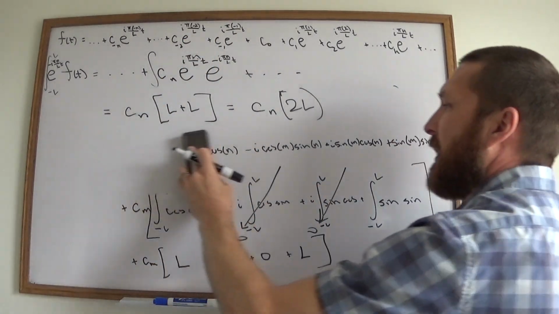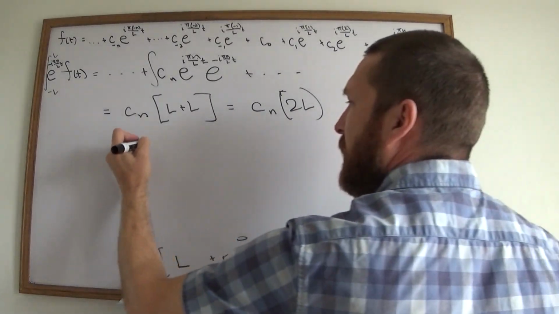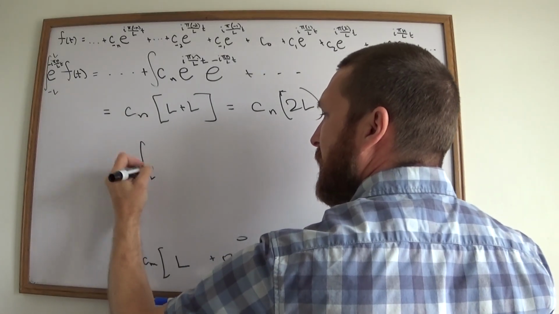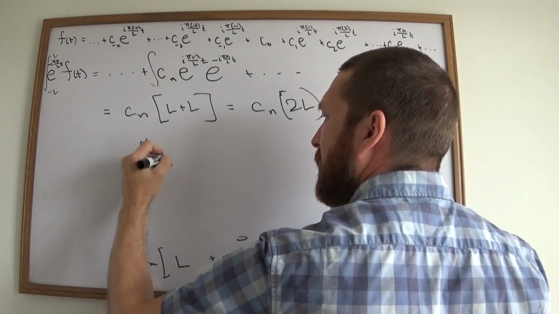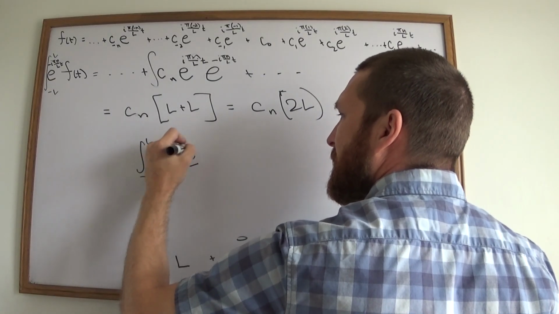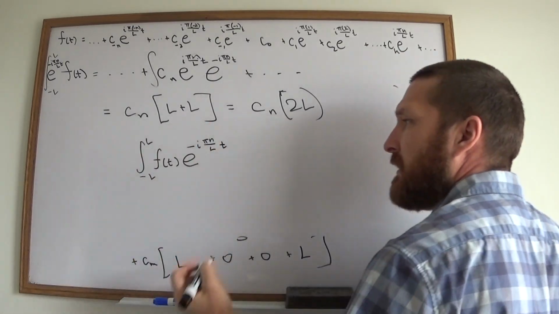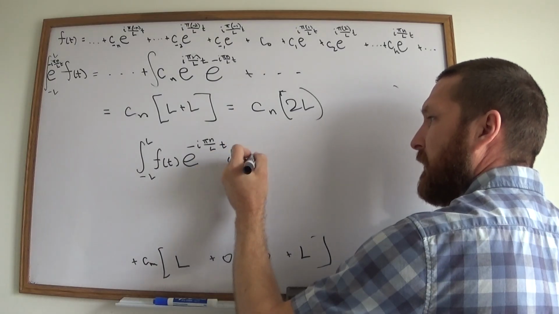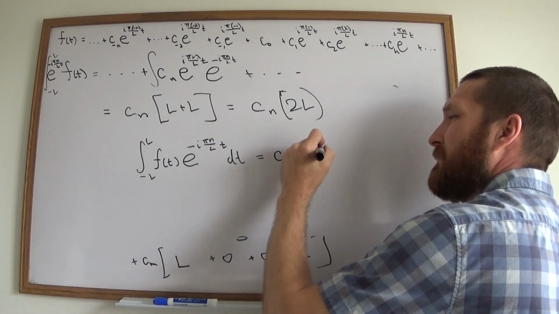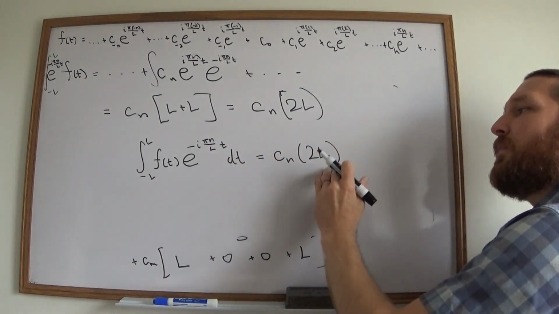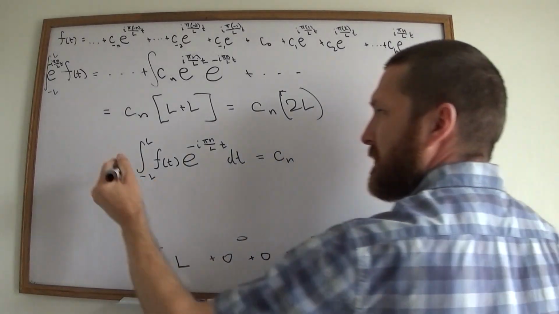And so now we end up with this nifty little formula. Integrating from negative L to L of your original function times e to the minus i pi n over L t dt gives you the coefficient that you're looking for, Cn, but times 2L. And so we divide both sides by 2L to get this.